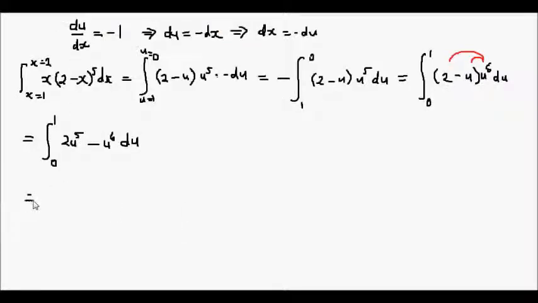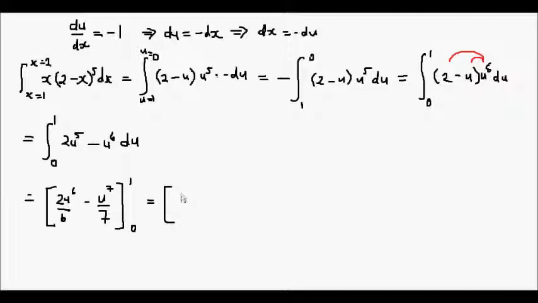And this will result in 2 times u to the 6th on 6 minus u to the 7th on 7, bounded by 0 and 1. So now it's a matter of evaluating when u is equal to 1 minus when u is equal to 0.